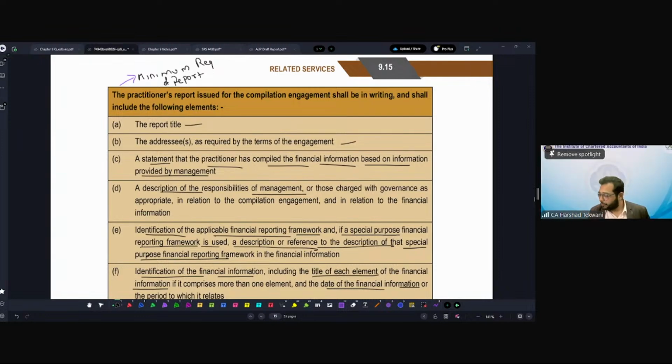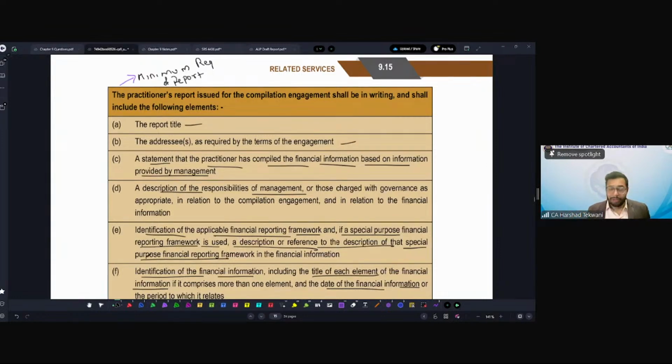Let's understand with an example. Management hired an expert to prepare the employee benefit schedule as per our general purpose financial statements. Whatever employee benefit related schedules are there in the financial statements, management hired a particular expert.